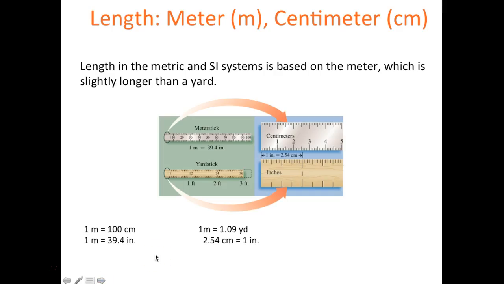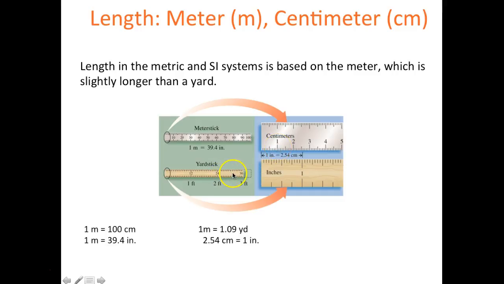Now here you have two pictures, one of a meter stick and another of a yardstick. If you look at the meter stick, 100 centimeters is a meter, and so all the main markings are in centimeters, but the smaller markings are in millimeters. So you have 10 small markings between the major markings, and so that's 10 millimeters to a centimeter. Okay.